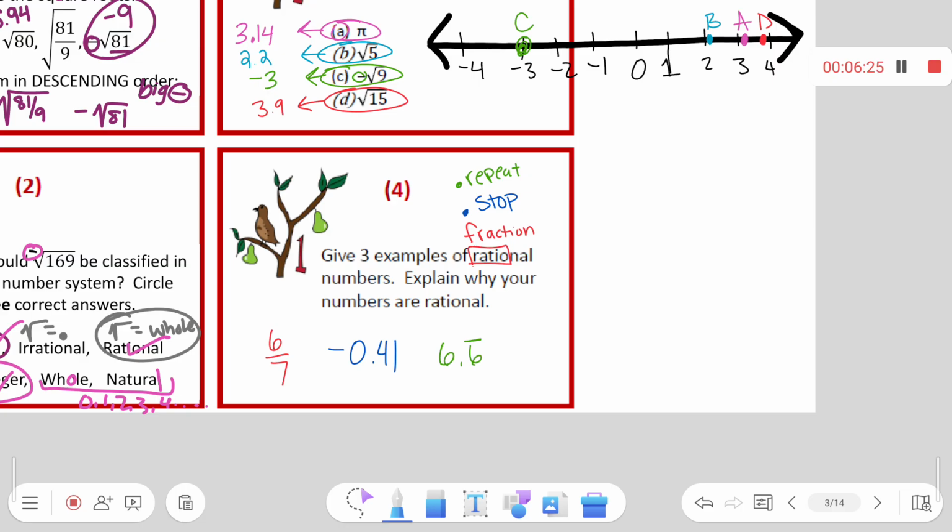Remember, that could also include numbers like negative 4, 0, positive 3. Your negative, positive whole numbers and 0 are also rational. You can write them like fractions by putting them over 1.